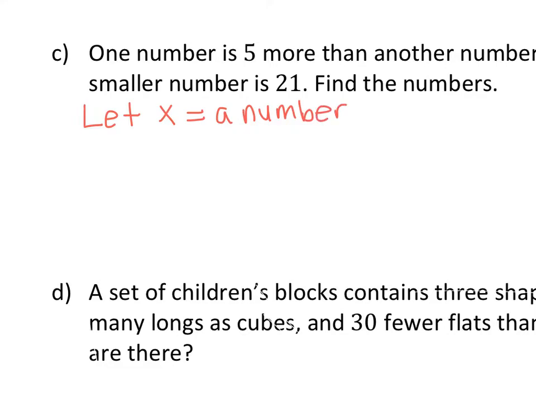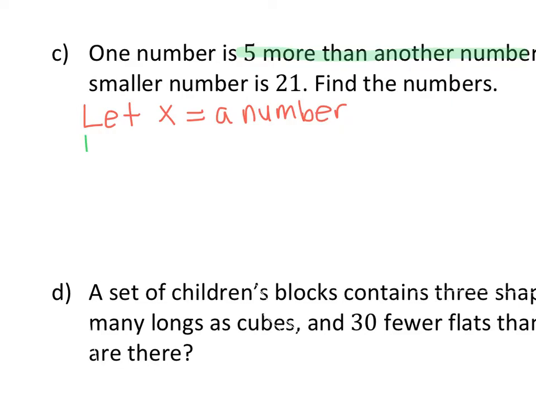It says one number is 5 more than another number. So 5 more than another number would mean that x plus 5 is the other number. In this case, it is larger. You're adding to it.